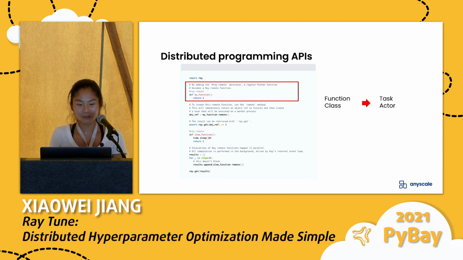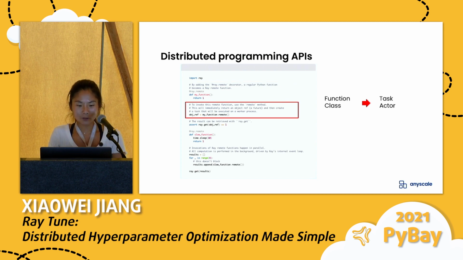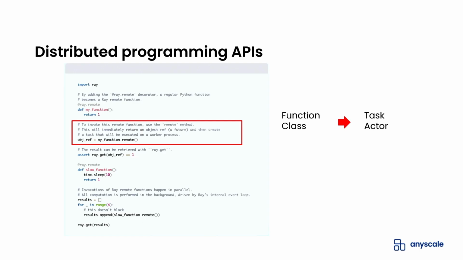By simply applying a ray.remote decorator on top of this function, we can translate it into a Ray task. And by invoking this function with myfunction.remote, this will immediately return an object reference, also known as a future. And then it will create a task that will be executed on the worker process. The result can later be retrieved using ray.get over this object reference.